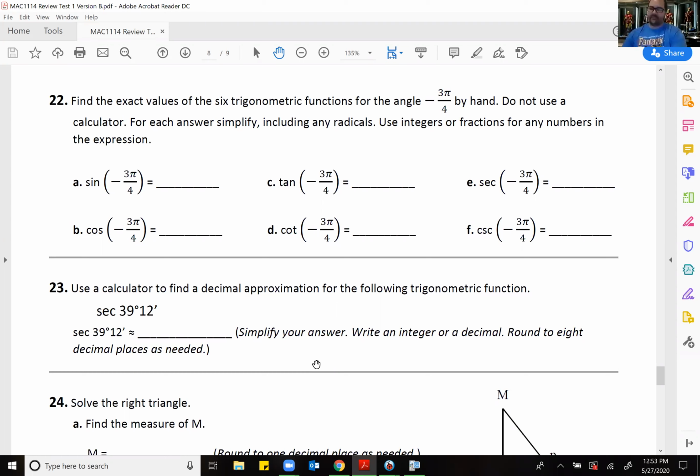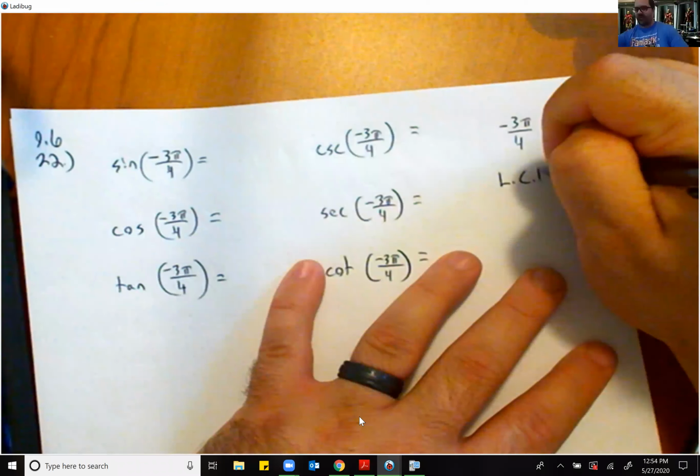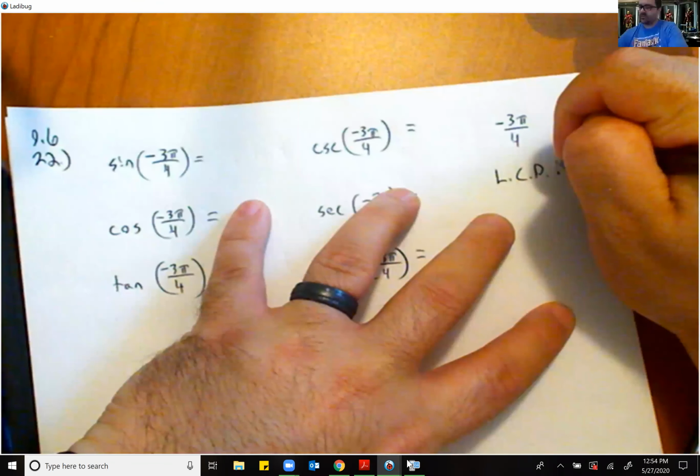All right. So just like last time, negative 3 pi over 4. We need the least positive coterminal. So we're going to add 2 pi until we get there. Okay, and we actually only have to do it once. So again, we're just working fractions.